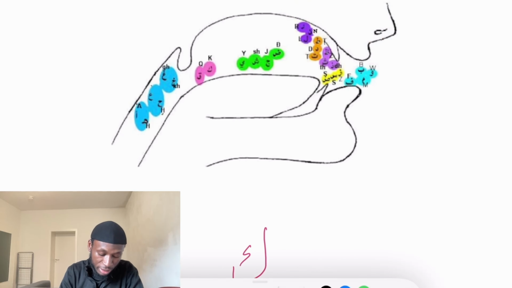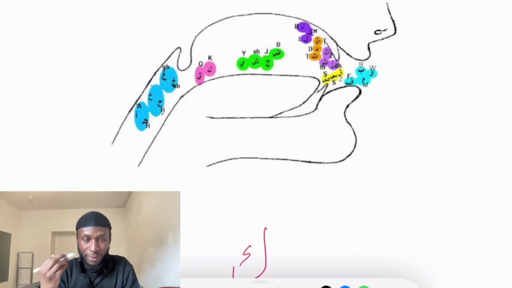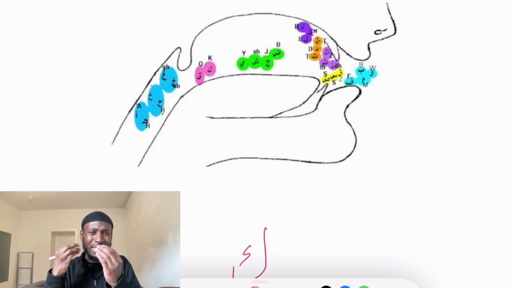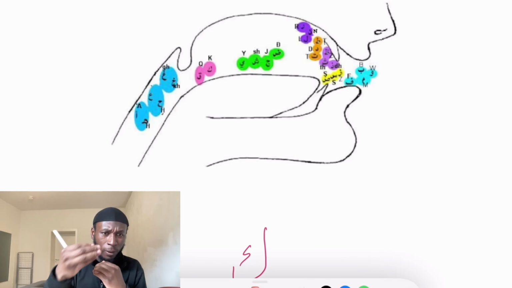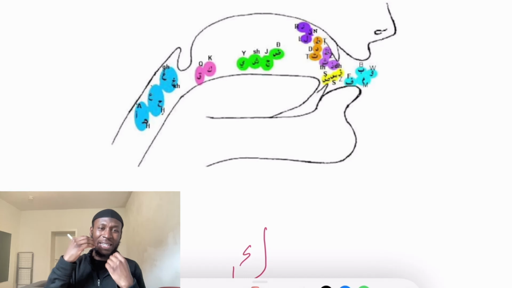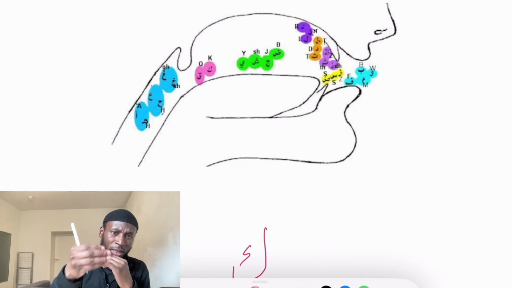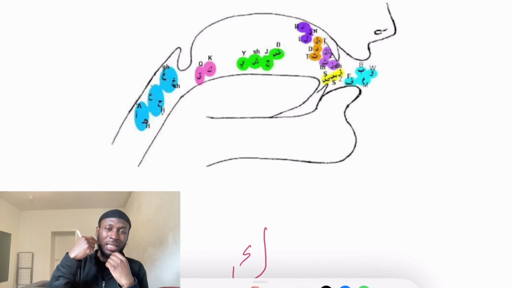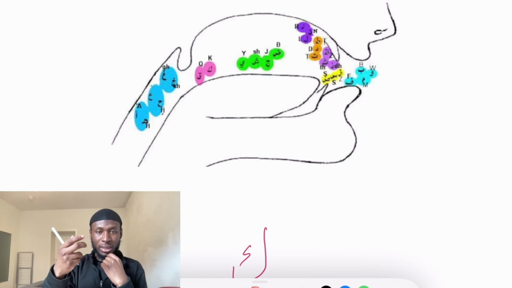If you can see it here, it is the lower part of the tongue, right after the part of the qaf. We move a little bit forward, and we use that part to generate the letter kaf.